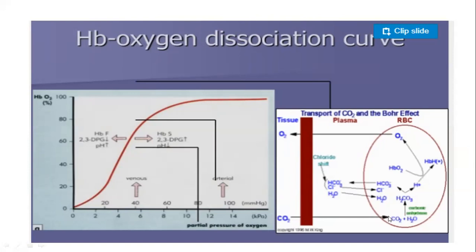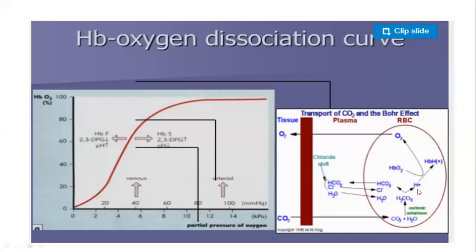When it enters the red cell, in the presence of carbonic anhydrase and water, it forms carbonic acid. The carbonic acid dissociates into bicarbonate, and it also releases hydrogen ions. It is these hydrogen ions that determine the acidity or alkalinity of our pH.